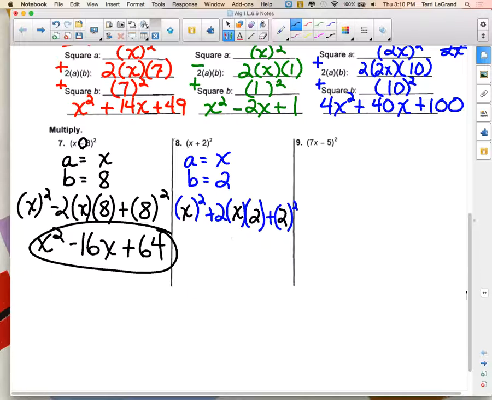So the A value gets squared. We double the A times the B. We square the B. And our final answer for this one is, Landon?